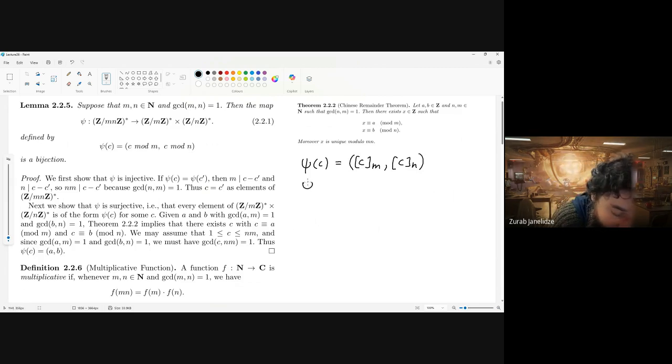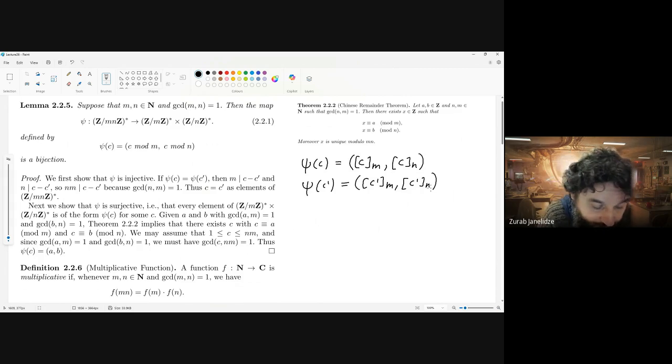And what about psi of c prime? Well, it's the same formula, so it will be similarly the ordered pair consisting of the equivalence class of c prime under the m congruence and the equivalence class of c prime under the n congruence.